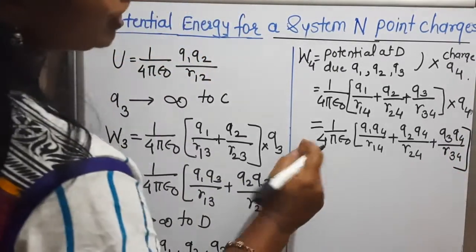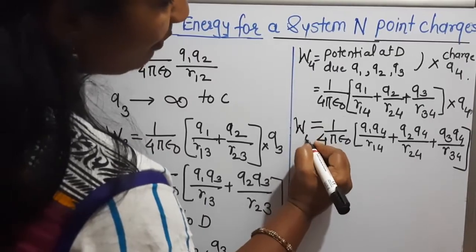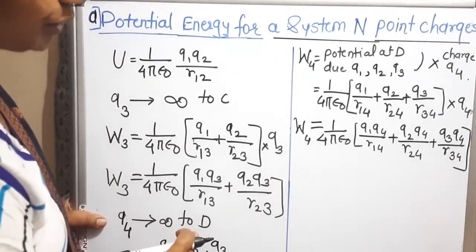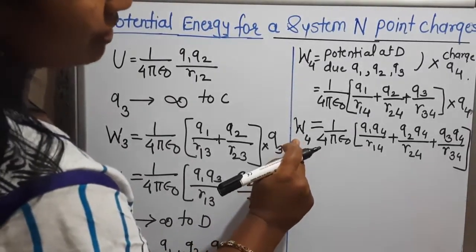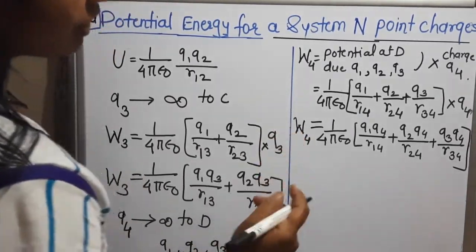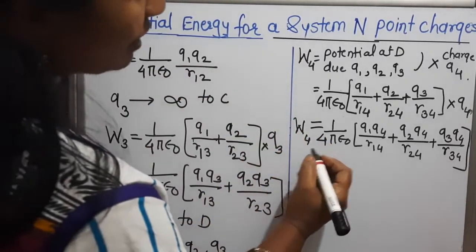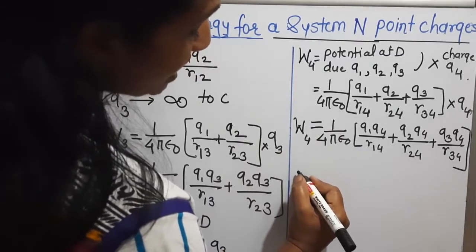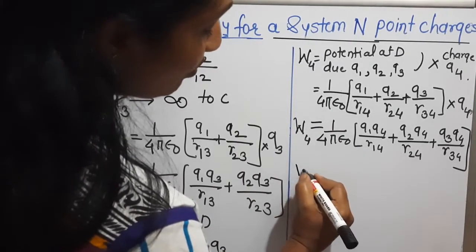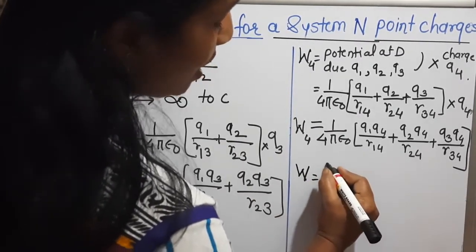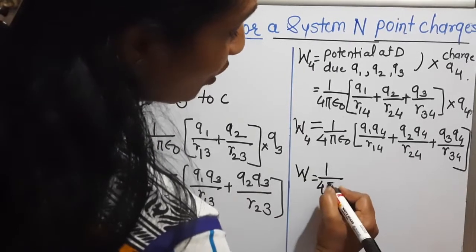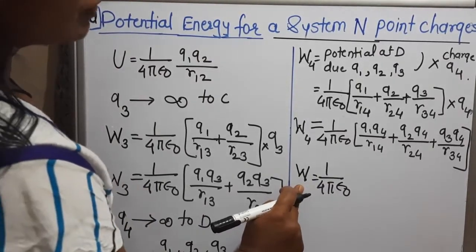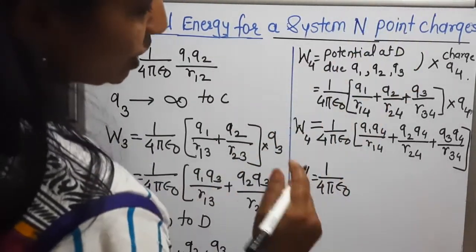This is the equation of W4, meaning whenever the Q4 charge is brought from infinity to D, we get this equation. We know that this equation can be written in generalized summation form: W is equal to 1 upon 4 pi epsilon 0, the constant term, and here we calculate the work done for n point charges.